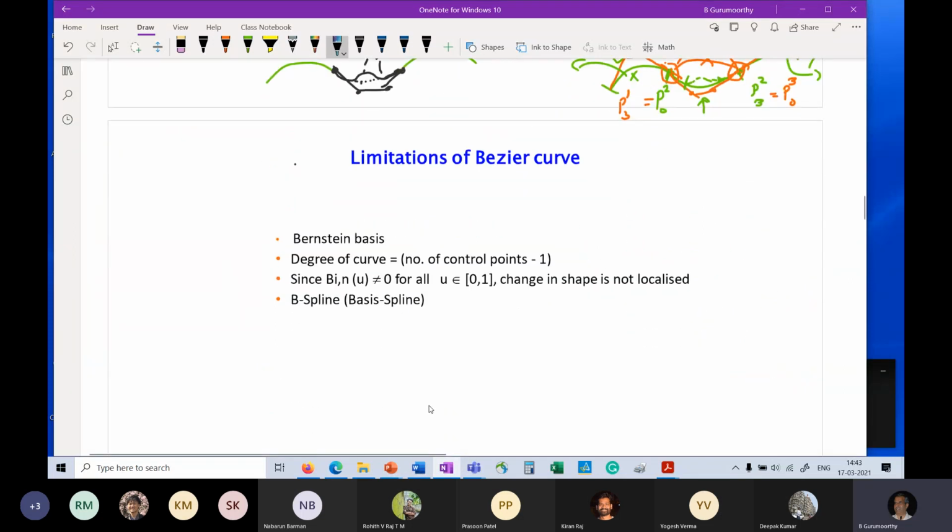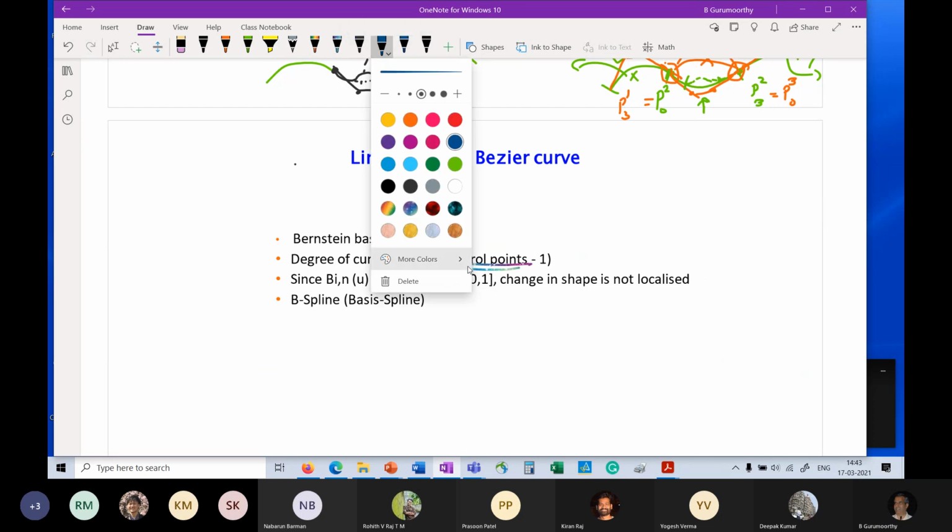The degree of the curve in the case of the Bezier, because of the Bernstein basis, is always related to the number of control points. Right?